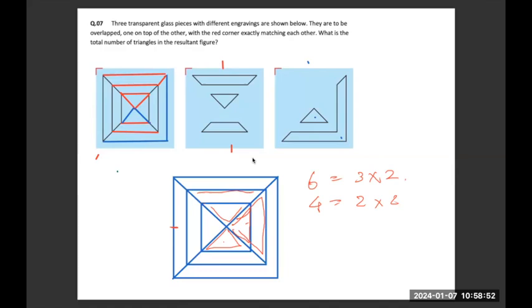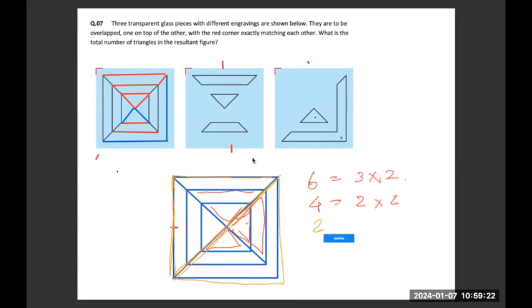In the next phase, I take the bigger triangles. One. And do we get another one of that diagonal? Yes, on this side.